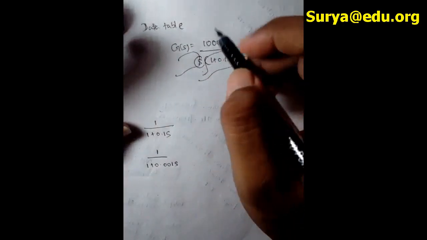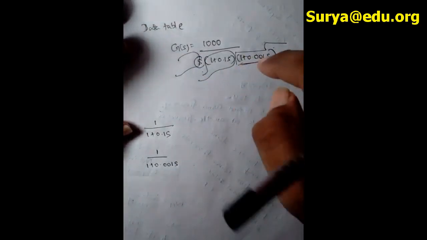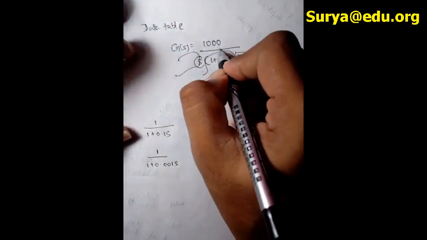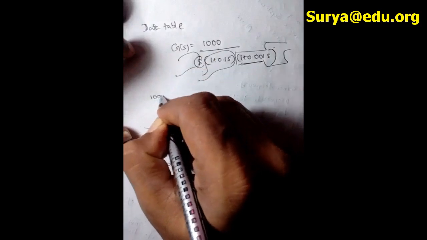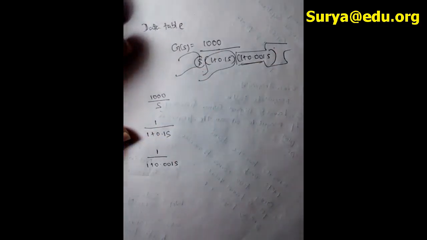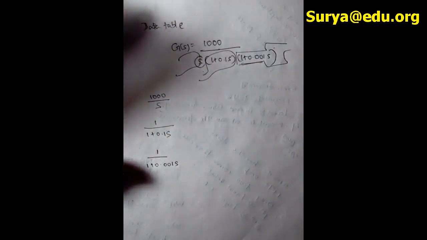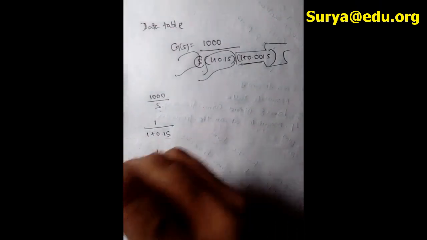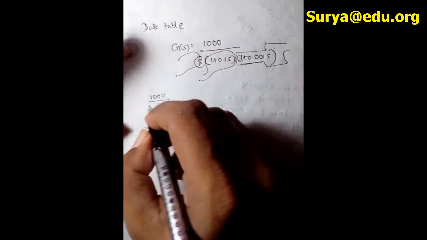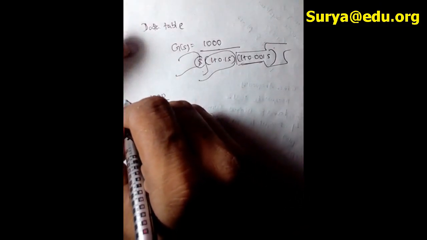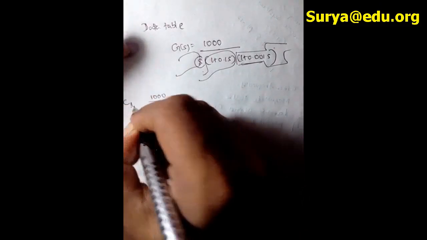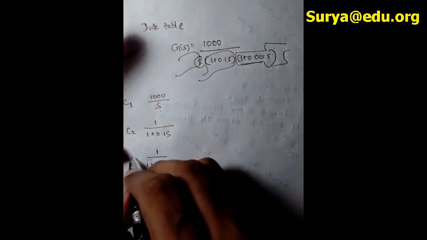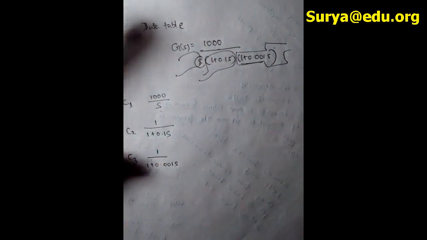As we have to cover the entire function, it is better to take this s with the 1000 also, that means 1000 divided by s. That is the way you should do the categorization. So here you can see this as compartment number 1, this as compartment number 2, and this as compartment number 3.